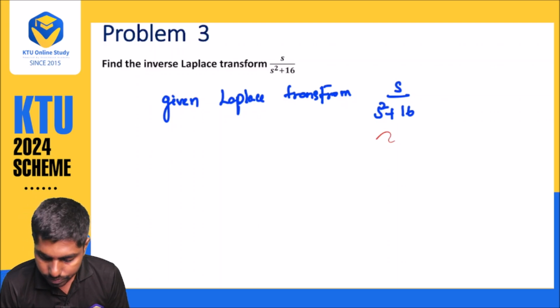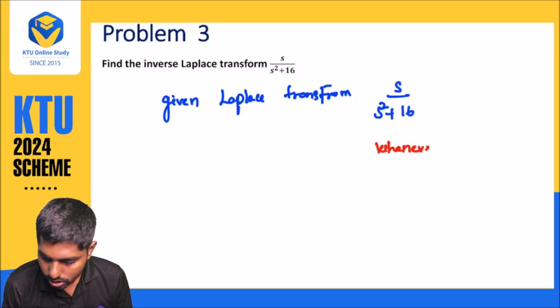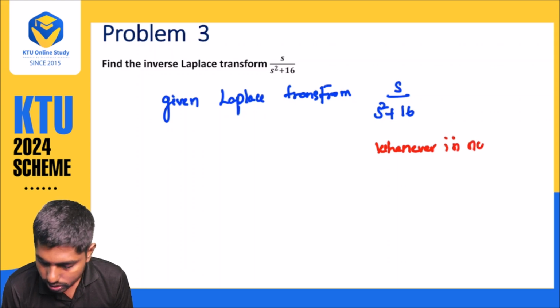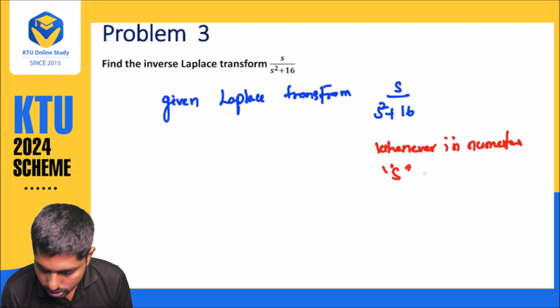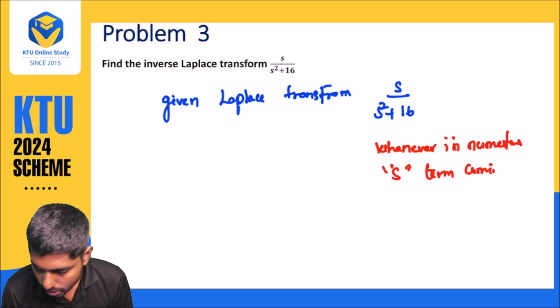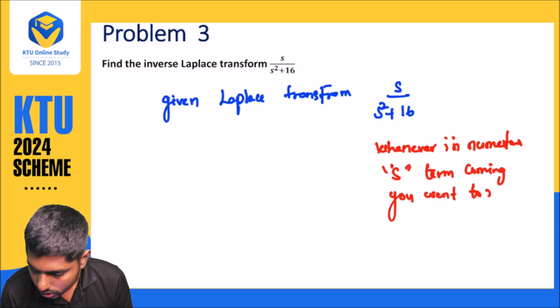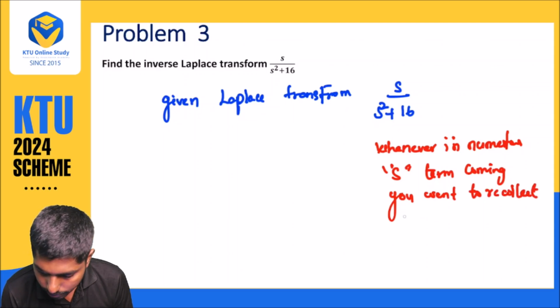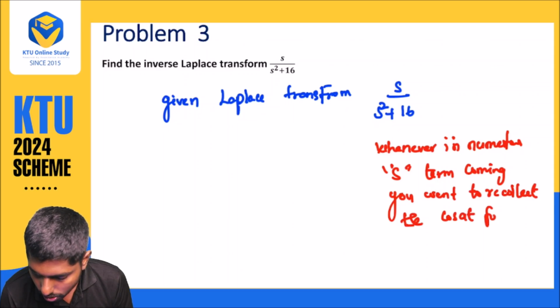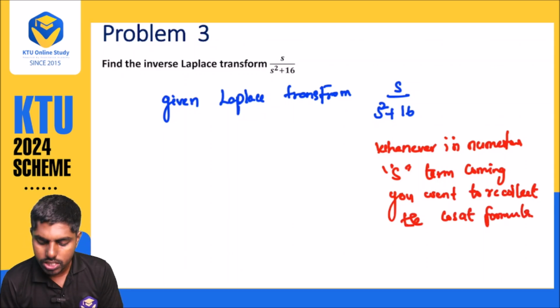So whenever an x term is coming in the numerator, you want to recollect the cos at formula. So this is nothing but cos at.